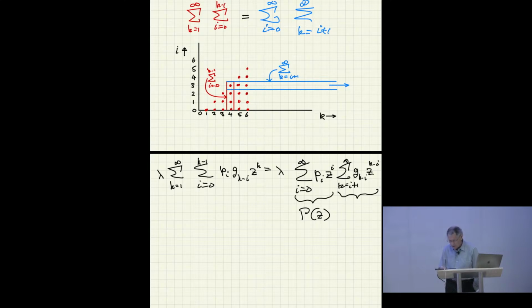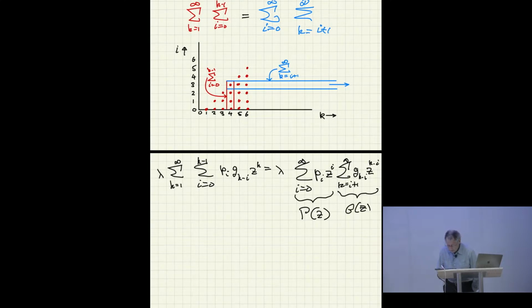So that's a summation of g sub k z to the k from 1 to infinity. What do we call that? It's the z transform of this distribution. Namely, I'm identifying that this is G of z. That's by definition. And P of z, of course, as always, is the summation of P sub k z to the k from 0 to infinity.